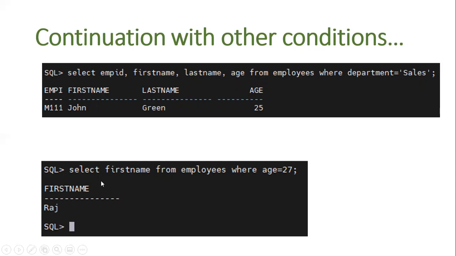In the second image, I have given a new condition. I want just the first name from the employees table where the age is equal to 27. So it will display all the first names of all the employees whose age is exactly 27.